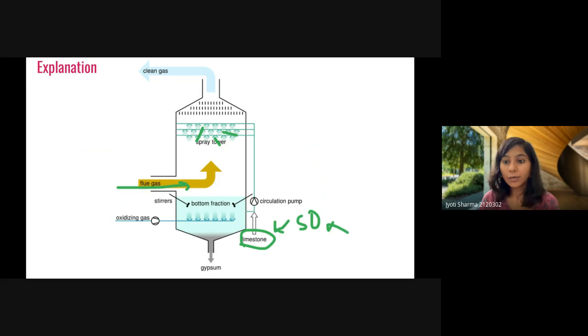Because it is absorbing, there is a chemical reaction between limestone and SOx or NOx. So this is how we can remove the gas. And for the particulate matter, because the spray is coming from the top, there will be deposition of your particulate matter and the clean gas will go out. So this is how it can remove both.